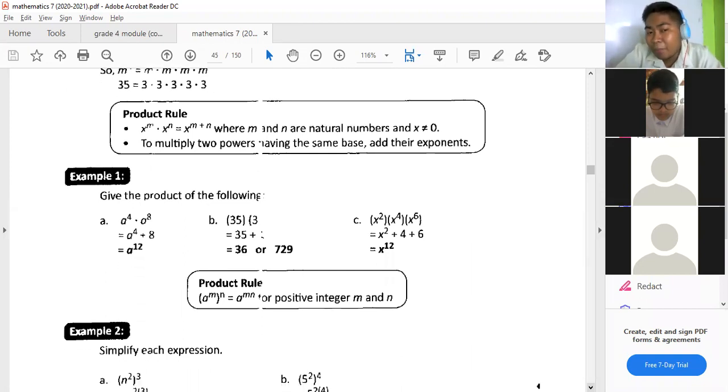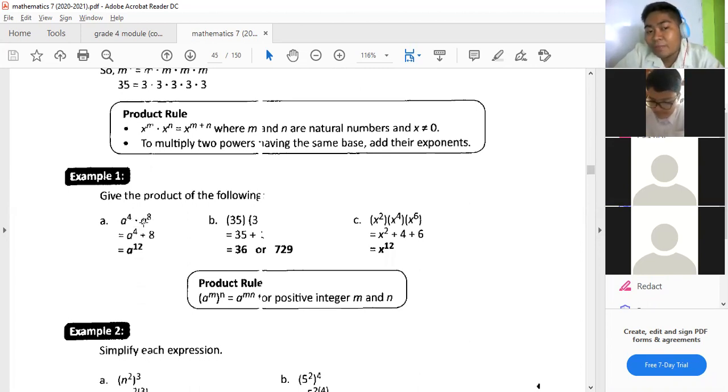So, starting with the product rule. Kapag nag-multiply ka ng the same base, ayan, the same variable, ang gagawin mo dyan ay i-add yung power or i-add yung exponent. For example, we have a raised to 4 times a raised to 8.